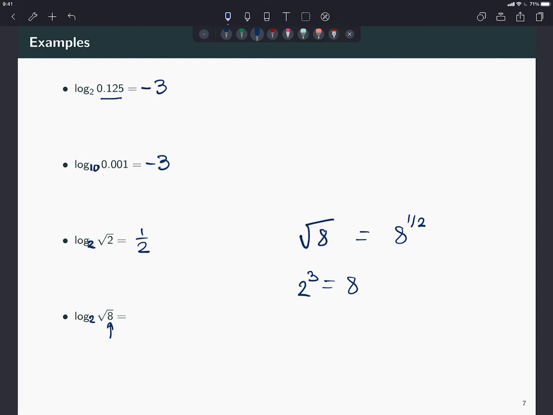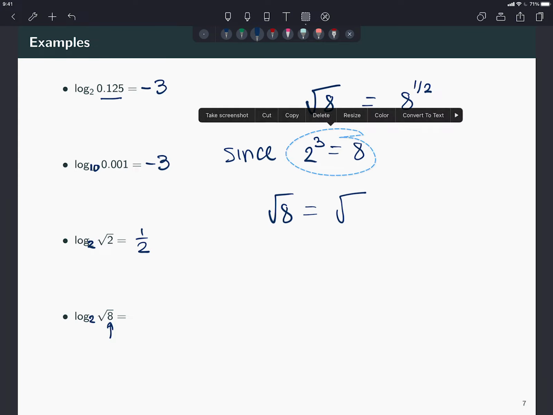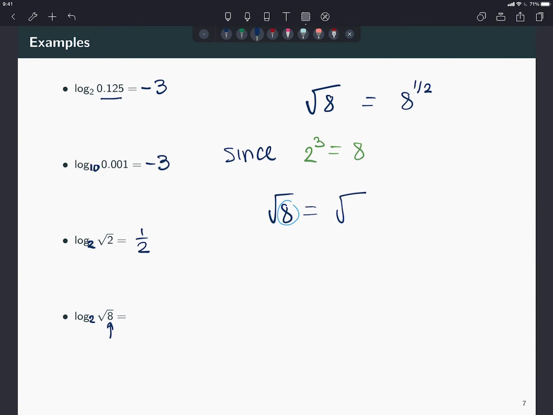so I'm really just looking at this. Then let me use some space here. The root of 8 becomes the root of, let me change these colors, see, color coded, the root of 8 becomes the square root of 2 to the 3, right?